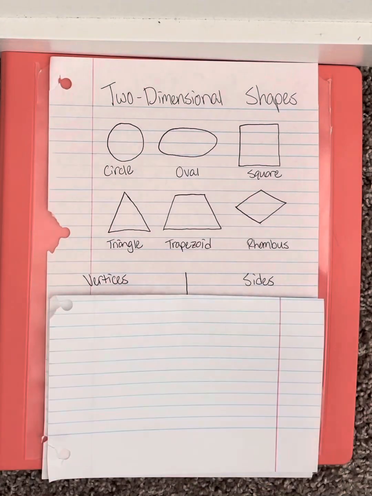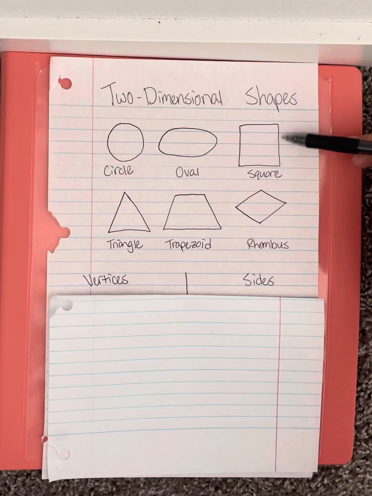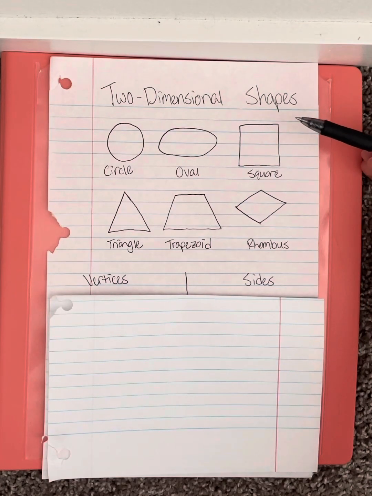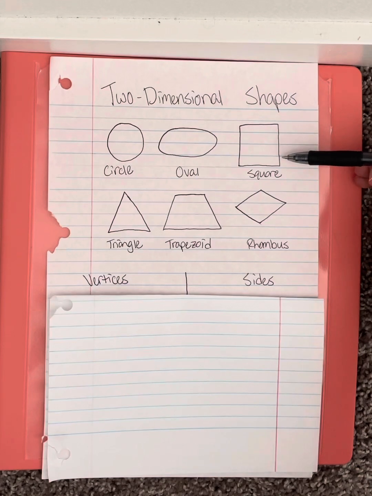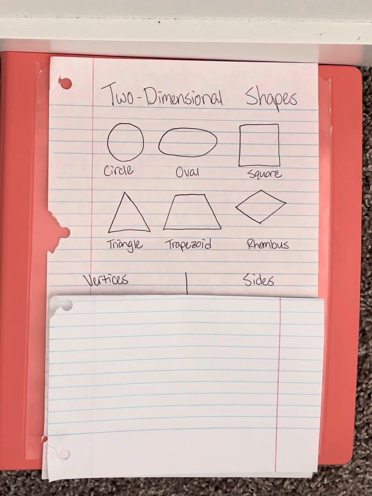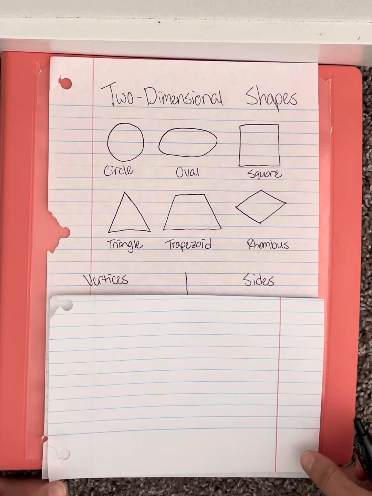For example, let's look at square. This is a side and this is a side. And what are vertices again? Vertices are where 2 sides meet. So this side goes right here, this side goes right here, so they meet at this point, which is called a vertice. So we are going to go ahead and sort these.